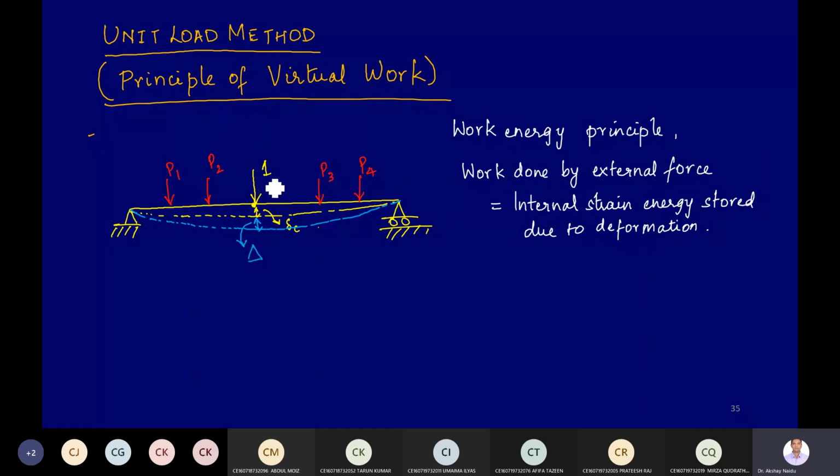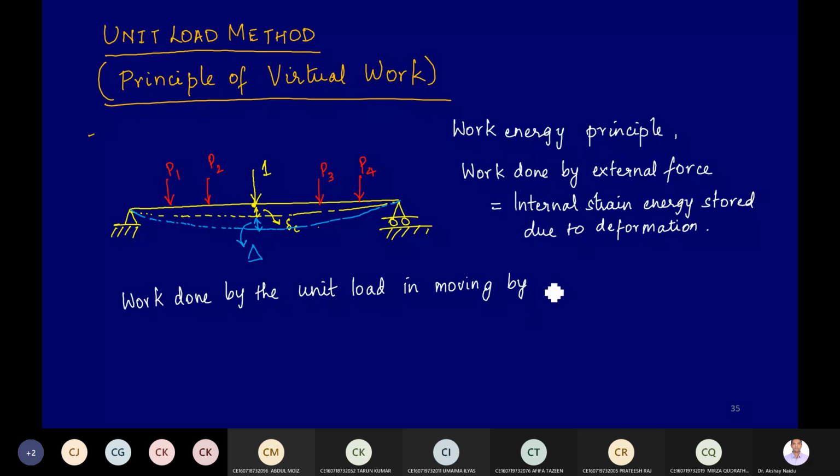Now the work done by the unit load in moving by displacement delta, why is this delta happening?